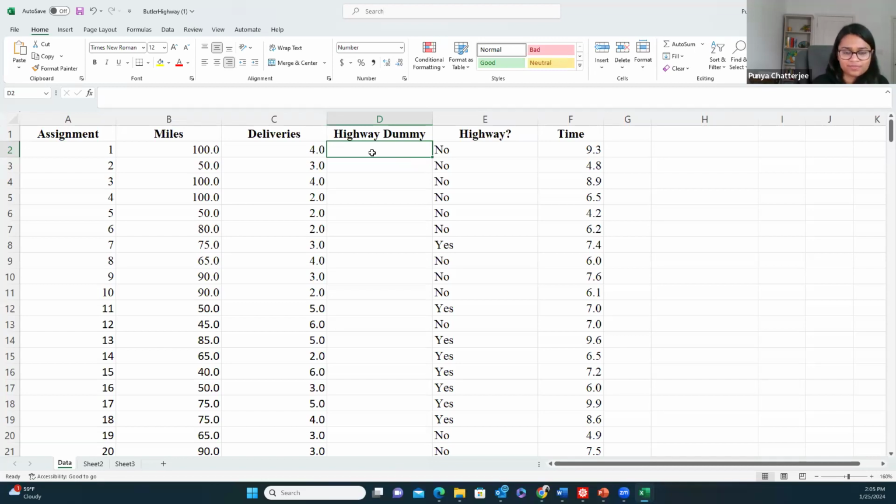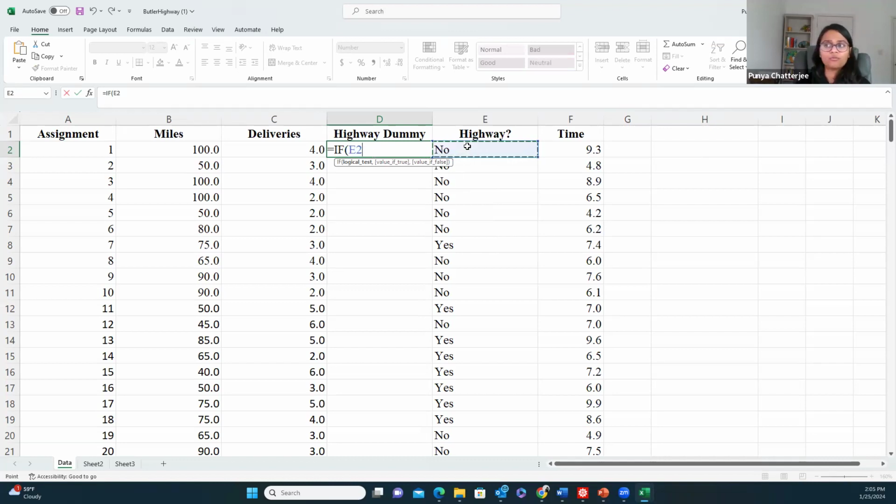Awesome. You guys already know what I need to teach. So IF, and then you test if your highway variable equals yes, then give me 1, otherwise give me 0.